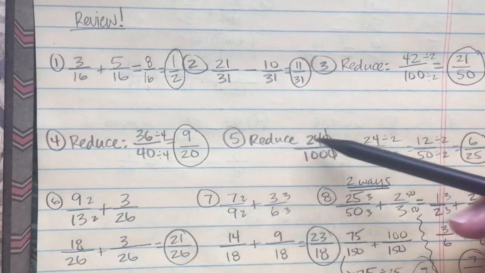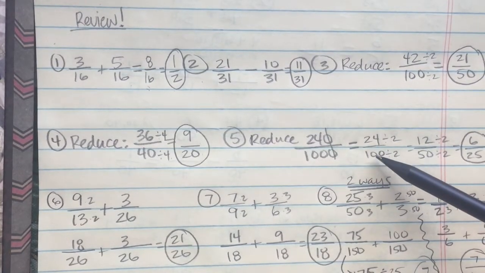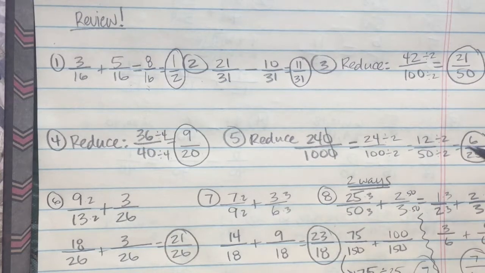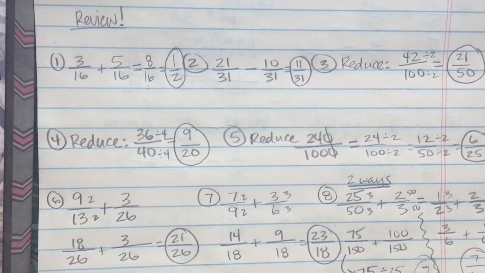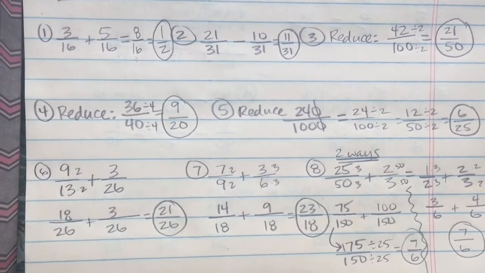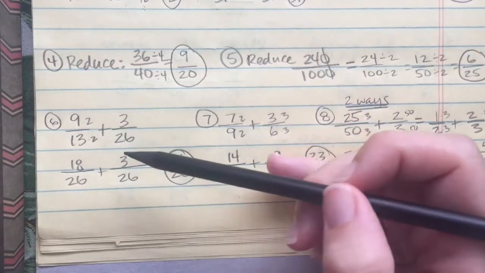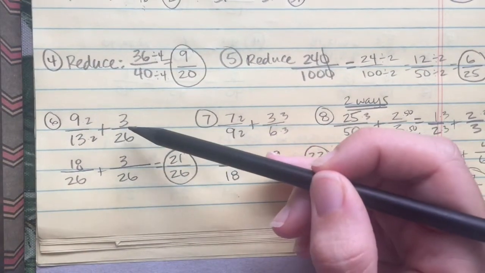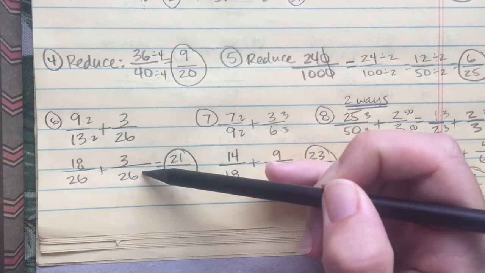For number 5, I canceled common zeros, which got me 24/100, which I then divided by 2, which got me 12/50, divided by 2 again, which got me a final answer of 6/25. For number 6, 9/13 plus 3/26. I chose the common denominator of 26.